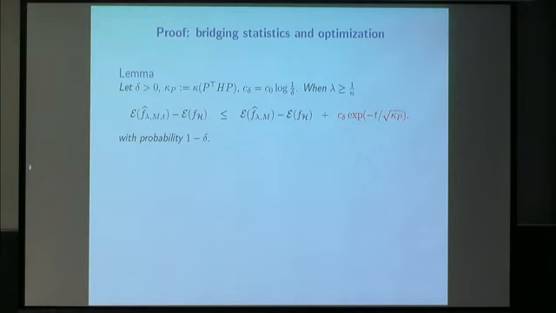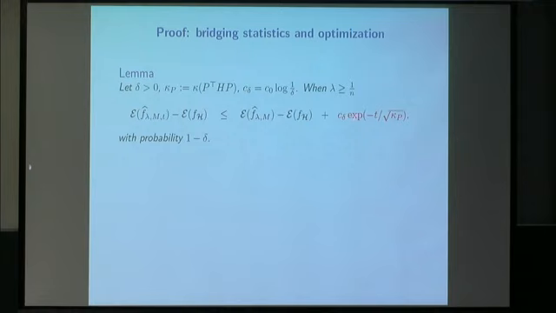Just to give an insight of the proof, we can organize it in 2 lemmas. In one lemma, we bound the excess risk of our estimator, the Falkon estimator, with respect to the excess risk of Nystrom kernel ridge regression, plus a term that depends on the optimization.